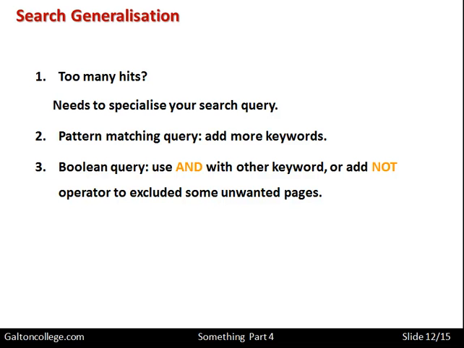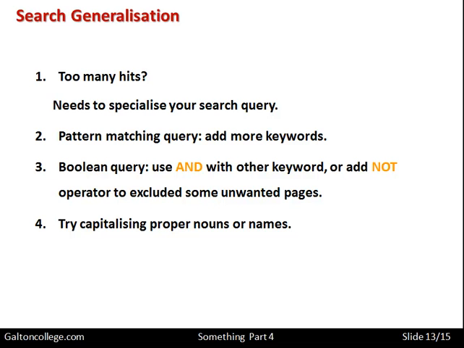So we're looking for cars not petrol. Now that could bring in cars powered by electric, cars powered by diesel, and so on. So we're using Boolean logic to try and improve what we want, and what we want is to reduce the number of hits and be more specific.